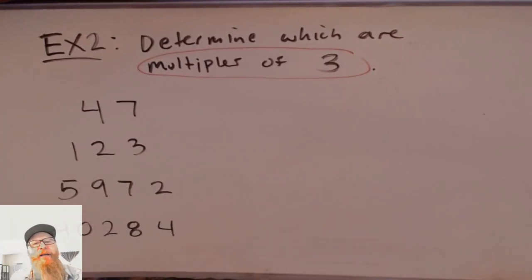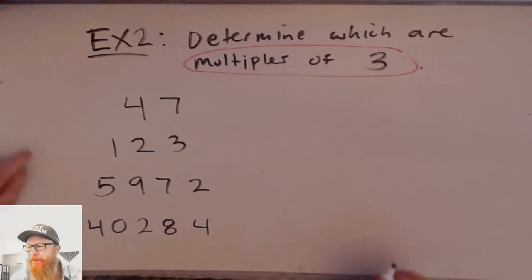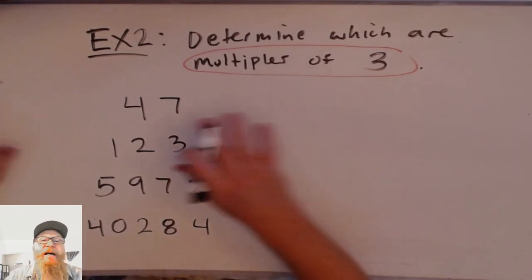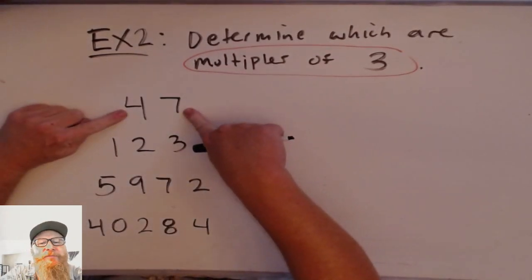I think I'm blocking the view a little bit. There we go. That's the number I'm looking for. Okay. So multiples of 3, you can either do it mentally or you can write it down. Let's try it both ways. 47. All right.